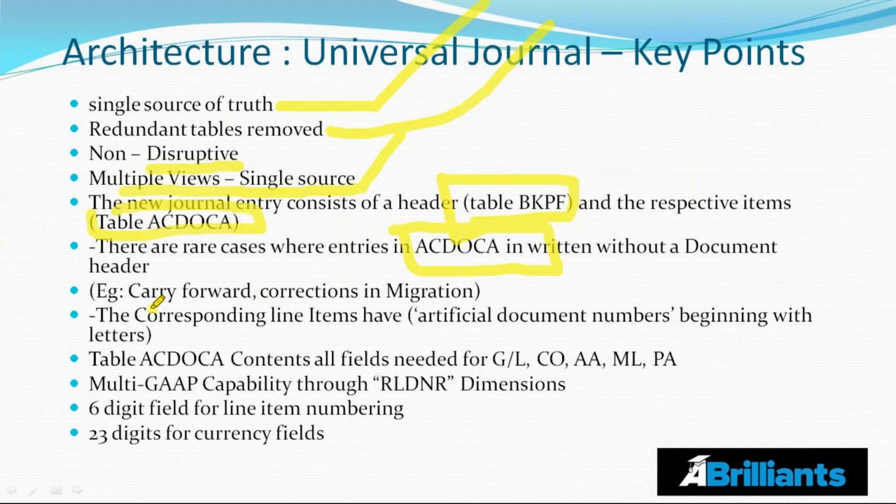Here you can carry forward and do corrections in migrations as well, which was not feasible with the old system. Here you have multi-GAAP capability through the ledger dimension, and you have 23 digits for the currency field. So we can use multi-currency when it comes to Simple Finance.